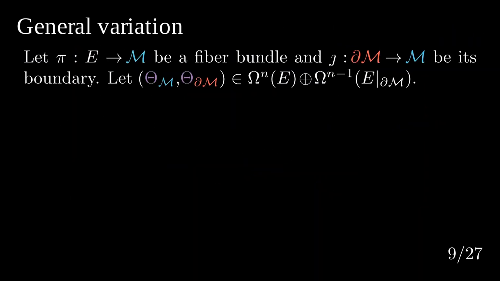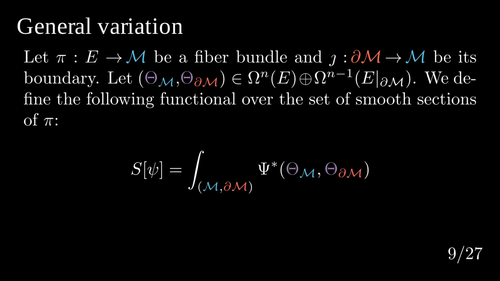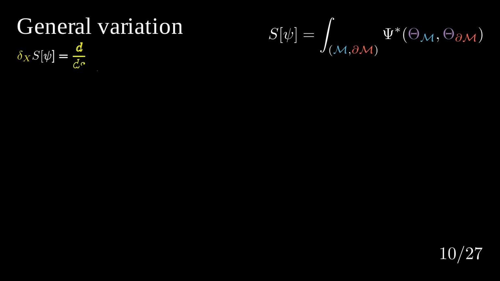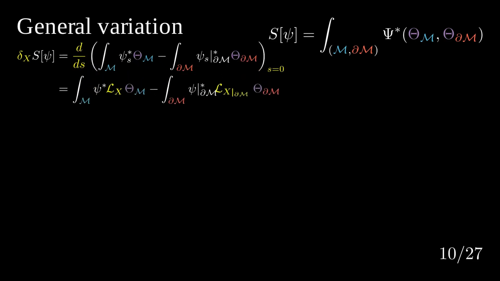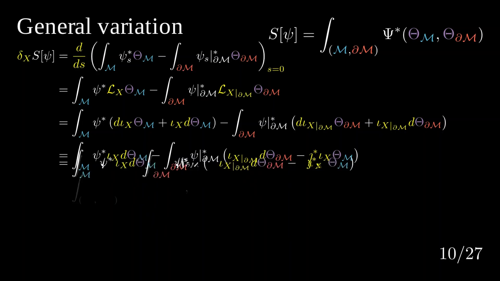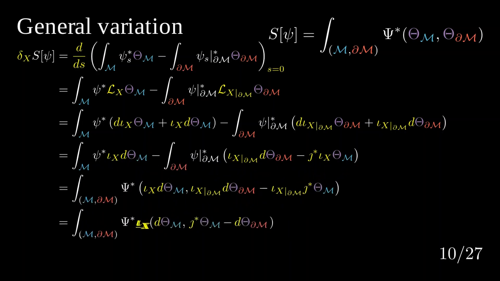Yeah, the thing is that what we are looking for is the minimum of the action, the section that is a critical point of this function, in the sense that we are looking for the section in the bulk and restricted to the boundary.